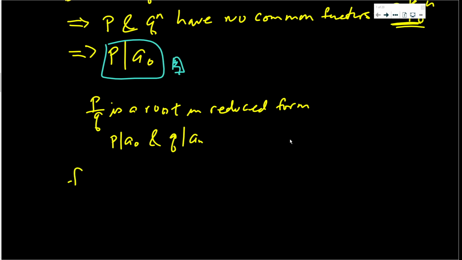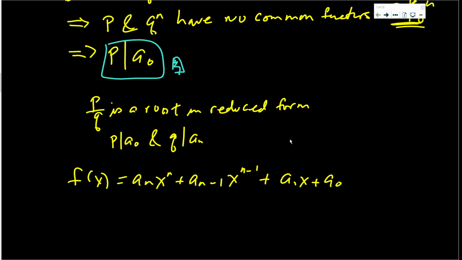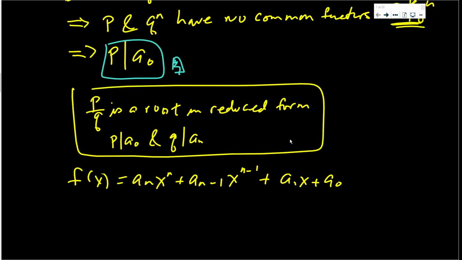So, if you have the polynomial a n x to the n all the way down to a sub 0, where p over q is a root in reduced form, and p must divide a0 and q must divide an. Well, p over q, that's going to mean that p must be a number that goes into a sub 0.